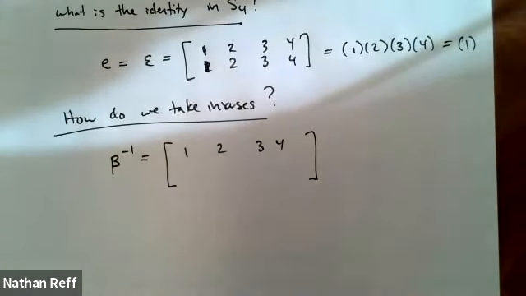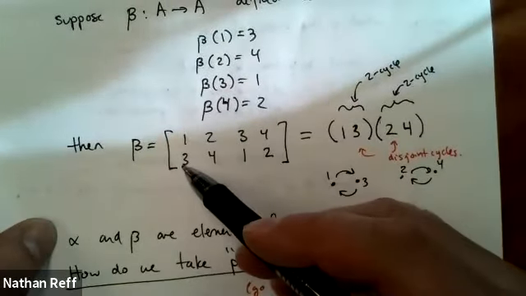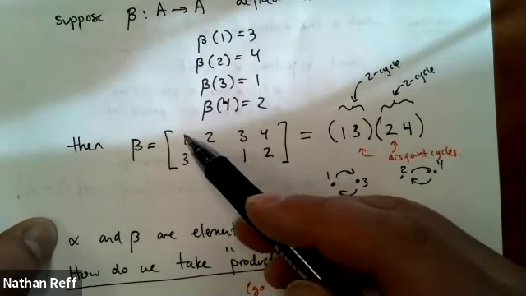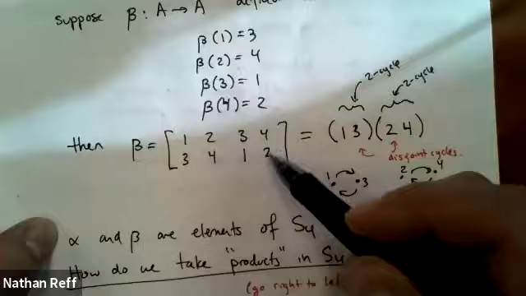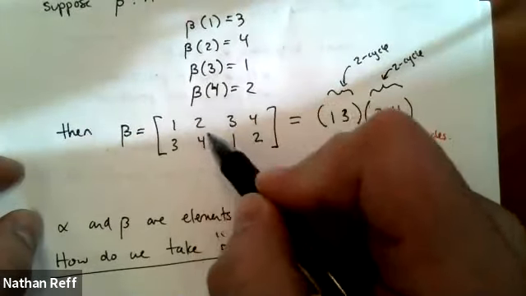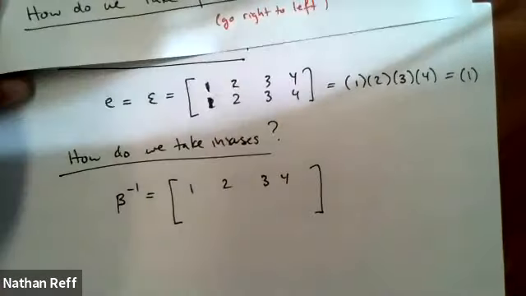If you look back at how we defined beta, beta was 1 gets sent to 3. So the inverse should send 3 to 1, right? Should do the reverse. 4 should get sent to 2, 1 should get sent to 3, and 2 should get sent to 4. So in array form, it's kind of easy to just look at it and figure it out. So 3 would go to 1, right?